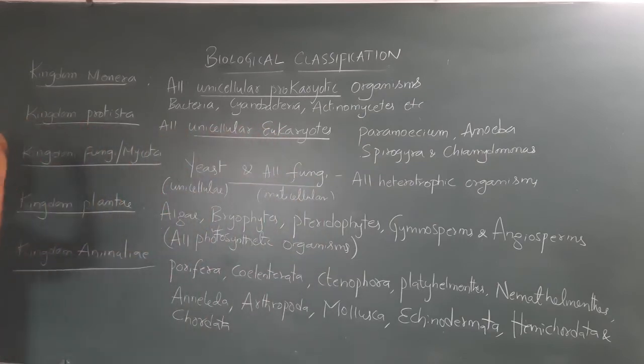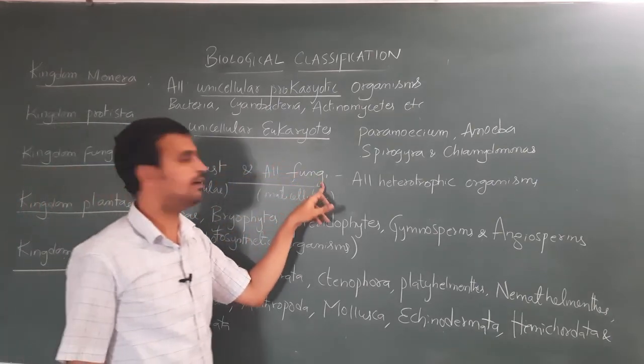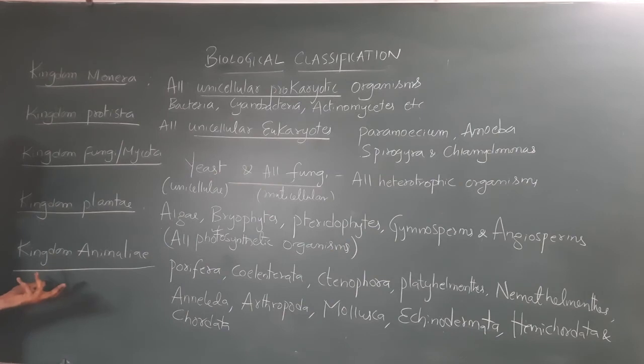kingdom Protista. Kingdom Protista consists of different types of organisms like chrysophytes, dinoflagellates, euglenoids, slime molds and protozoans. These are the five different types of organisms you are going to study in kingdom Protista in detail. Next, kingdom Fungi or Mycota consists of yeast and all the fungi. These are all heterotrophic, which means they cannot prepare their own food material.